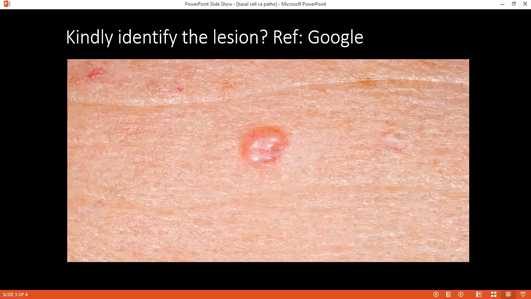All right, can you please tell me how you would differentiate between basal cell carcinoma and squamous cell carcinoma? In basal cell carcinoma, we find the lesion within the thick skin and within the deep layer of the skin.